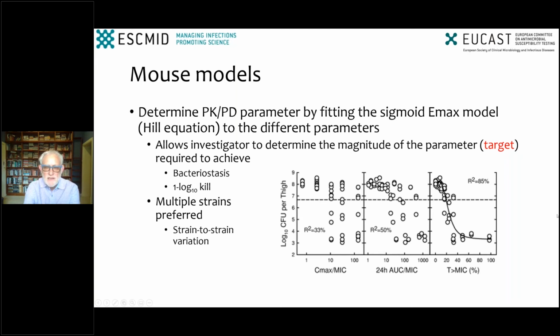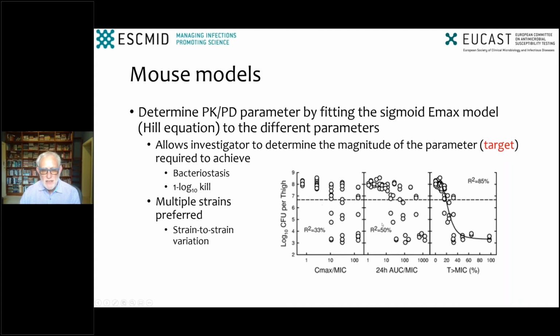And here's a nice example of how that was conducted for a single antibiotic. And the 3 different pharmacodynamic indices were plotted versus, so here's the index and its value, and here's the amount of killing observed with that particular index.